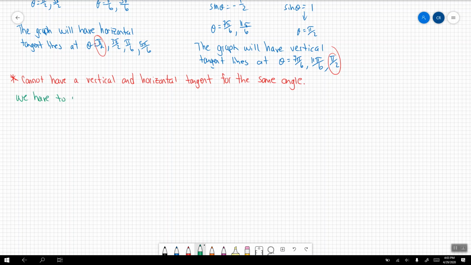So we have to use limits to find if there is a horizontal or vertical tangent.